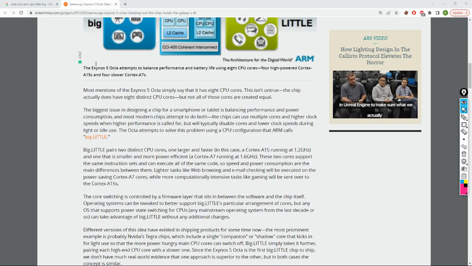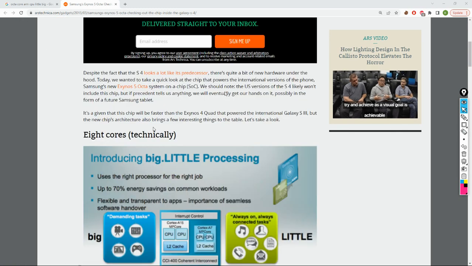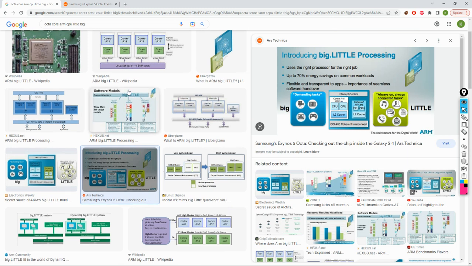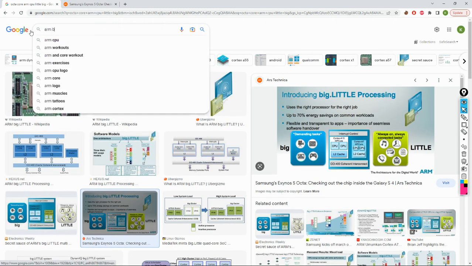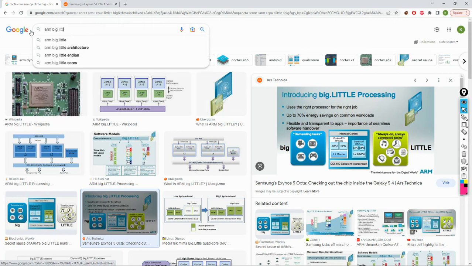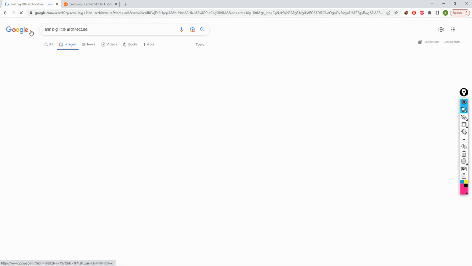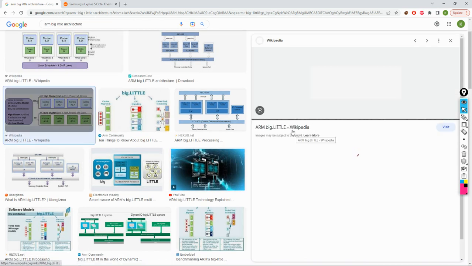Okay, so it is something that we call big little processing. Okay, now so this is the Wikipedia page.